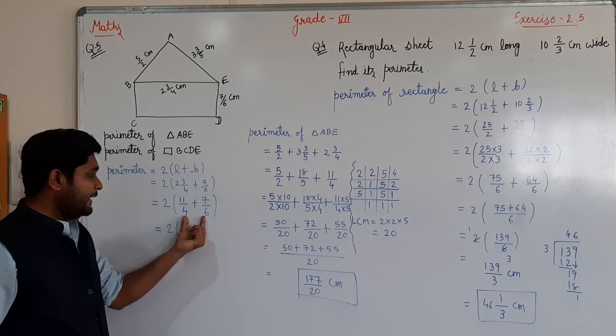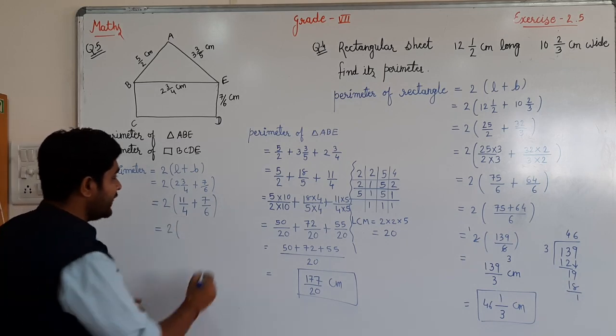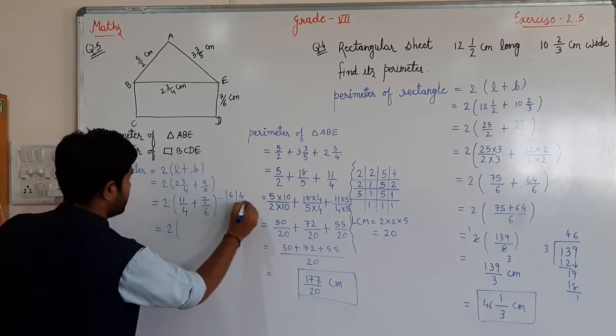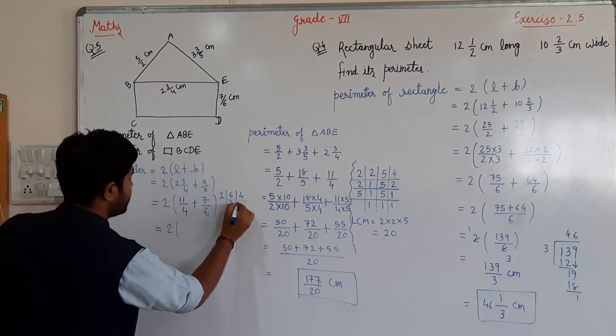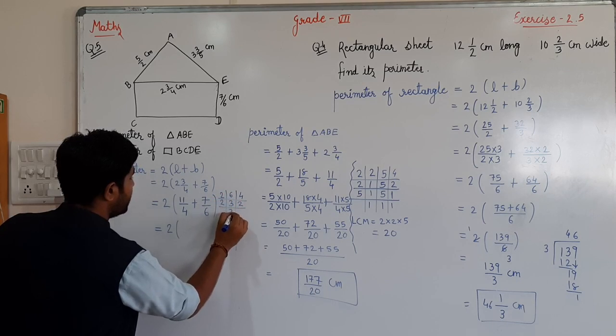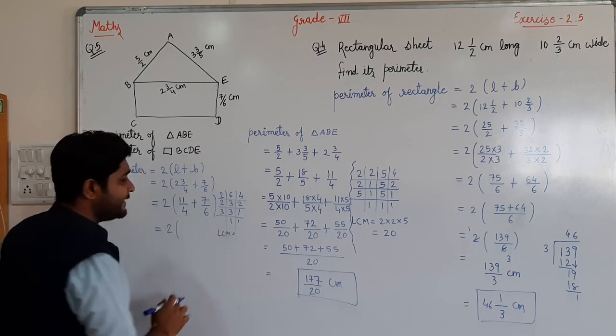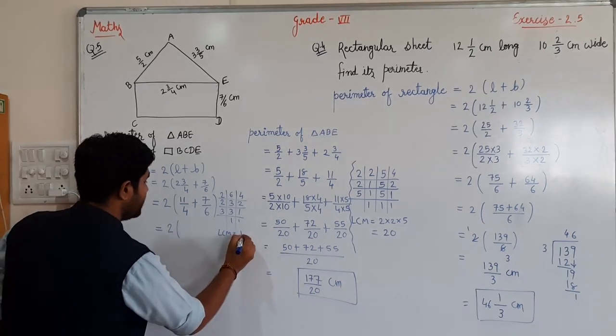Now friends, the LCM of 6 and 4. First divide by 2: 2 3s are 6, 2 2s are 4. Again divide by 2: 3 as it is, 2 1s are 2. Again divide by 3: 1, 1. So LCM is 3 2s are 6 and 6 2s are 12. So the LCM is 12.